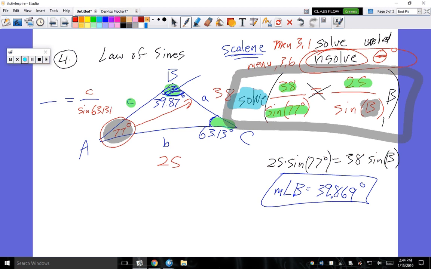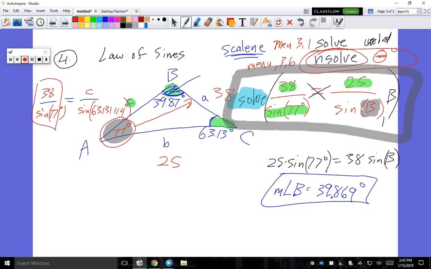So 114 degrees. Which ratio do y'all want to use here? The B or the A? A. You could use B, but if you got B wrong, you're going to get this one wrong, right? So if I use A, which was given to me, I stand a better chance of getting it correct, and you're going to do it.